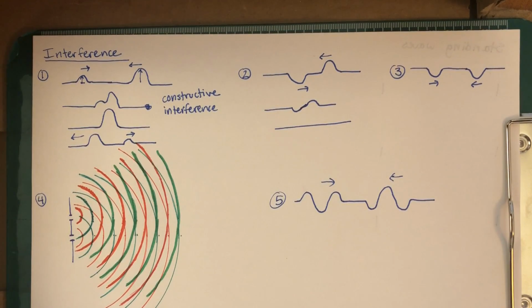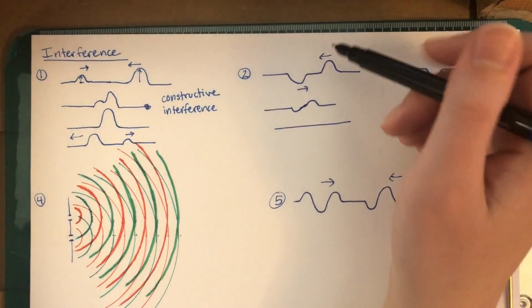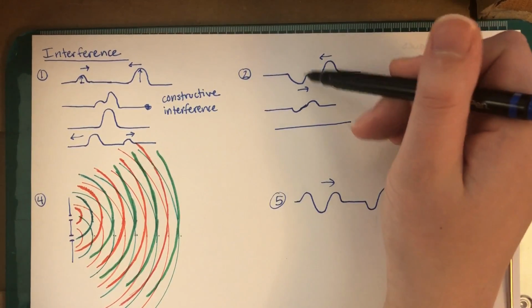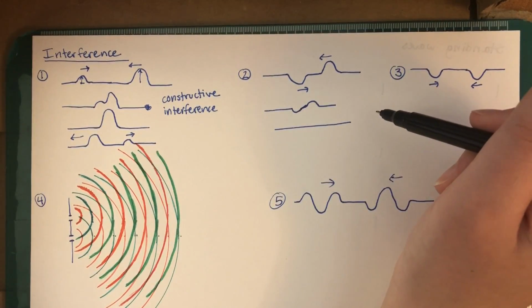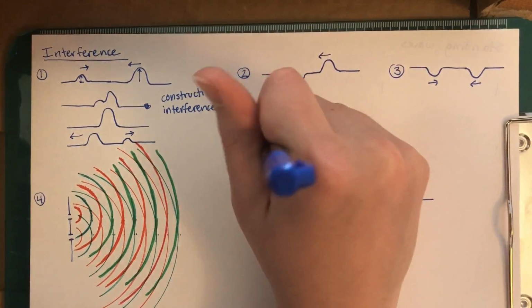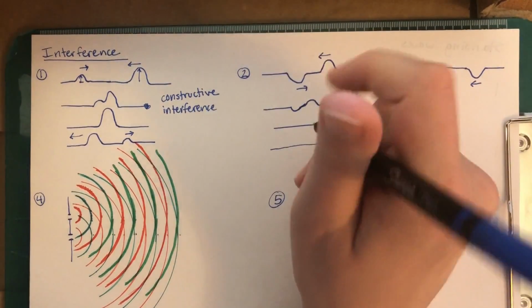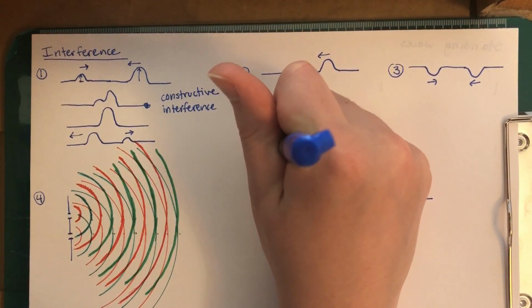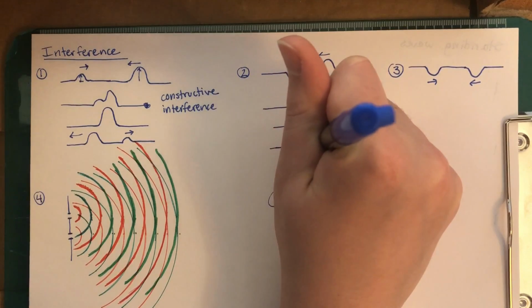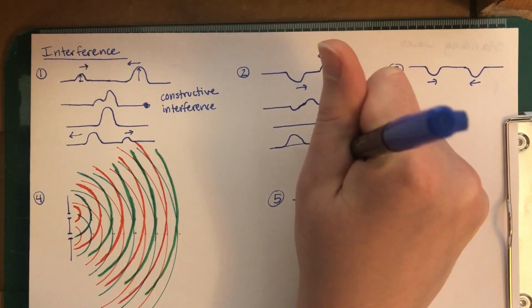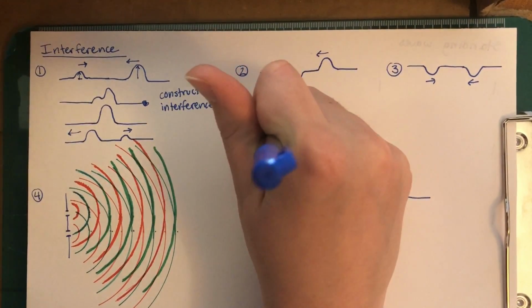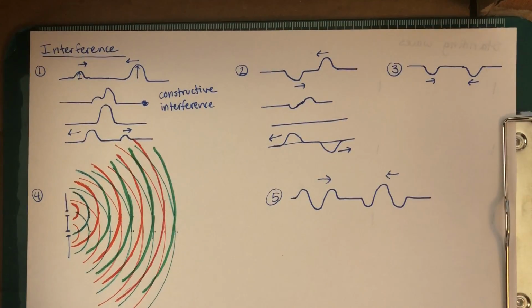In the same way that +5 and -5, when we combine them together, we get 0. If this has a height of +5 and this is -5, they combine to make 0 as they exactly overlap. And then once again, they would move past each other, each having its same height as before.